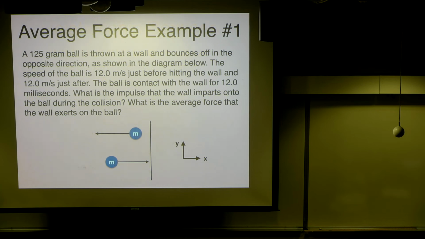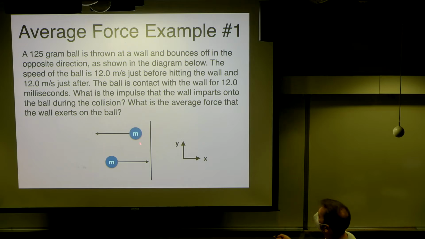So, let's do a few examples now that we have this. In the first example, we have a 125-gram ball, which is thrown at a wall, and it bounces off in the opposite direction, as you see here. The speed of the ball is 12 meters per second just before hitting the wall, so that's this picture down here. And then when it bounces back, the speed is still 12 meters per second, but it's going the other way, okay?